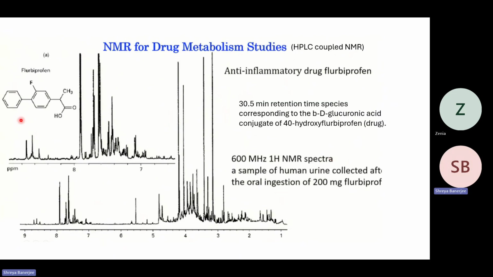So again, from the peaks, it can be understood whether, suppose, this has broken into different compounds. By identifying these compounds, we can understand how it has metabolized in the body.